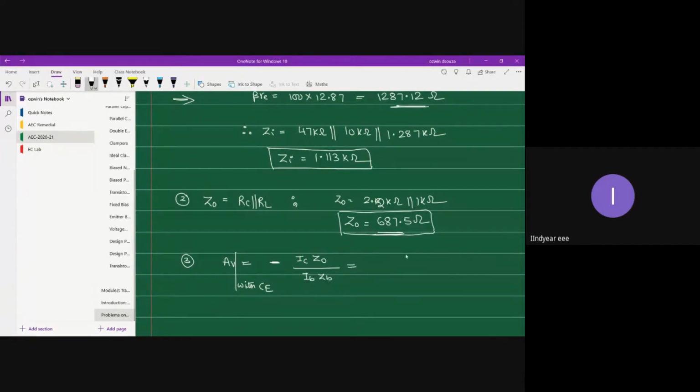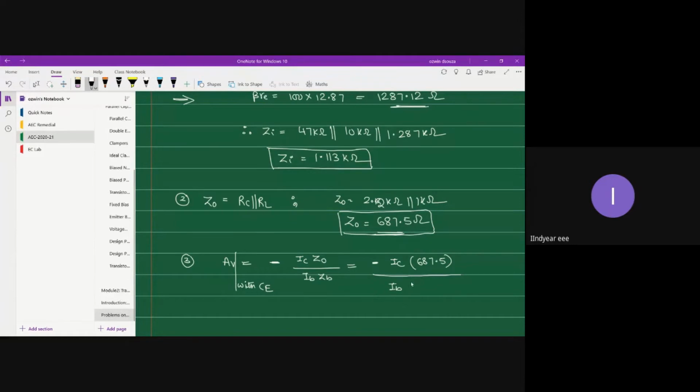And that is equal to minus IC into Z0. Z0 we have already found, right? 687.5 divided by IB into ZB, right?